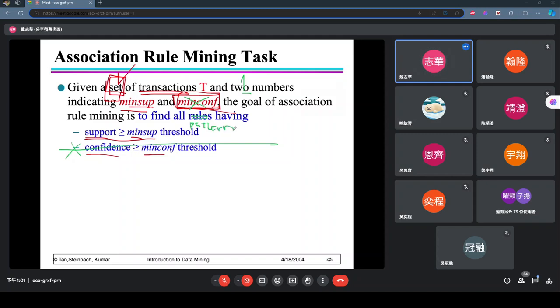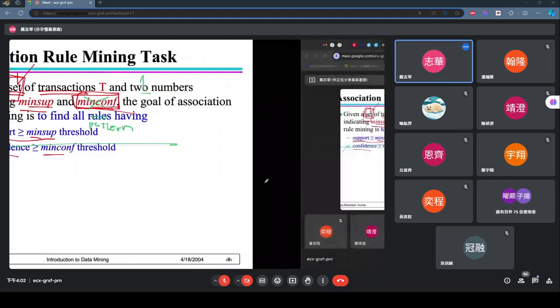Okay, it's difficult to write it, so I'm using the trackpad. Okay. So we could simplify the question. If you just want to find the pattern, you could just stop here. It's not necessary to include the confidence in your mining task.